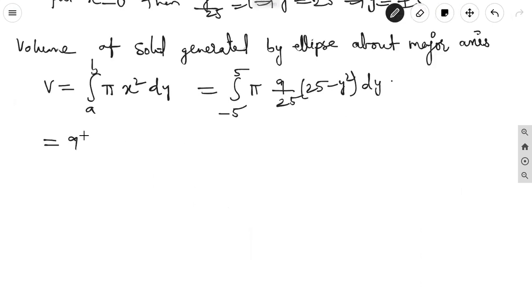That is equal to 9 pi by 25 outside, the integral from minus 5 to 5 of 25 dy minus the integral from minus 5 to 5 of y² dy.